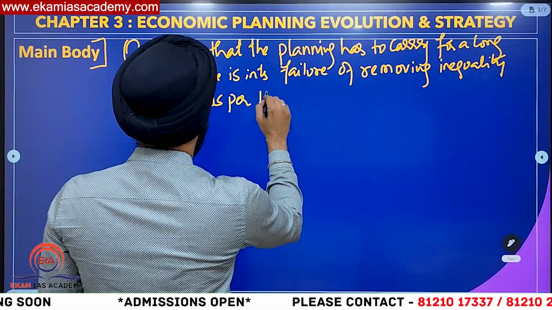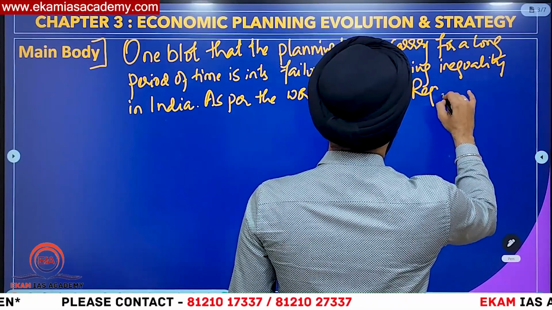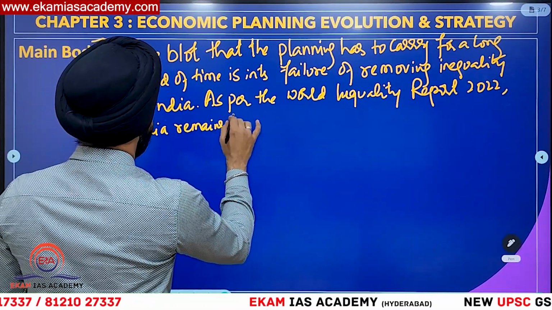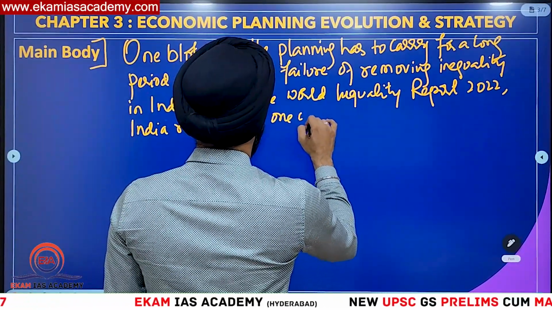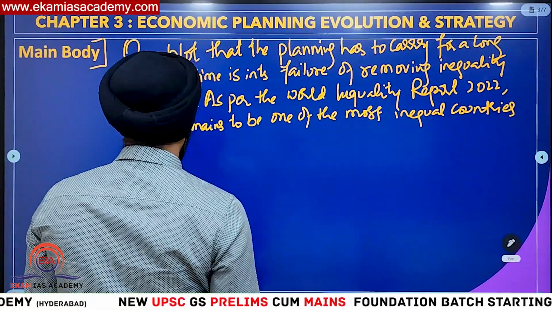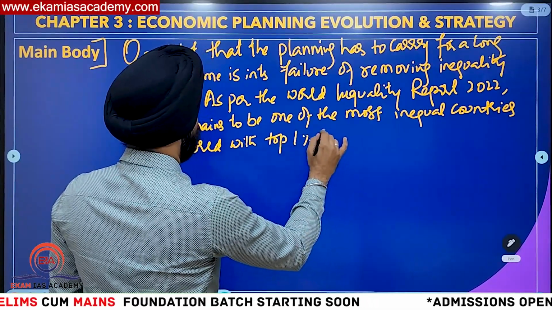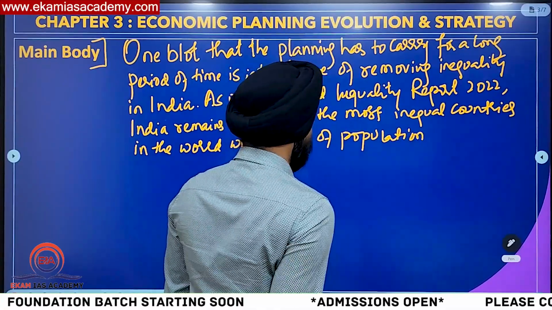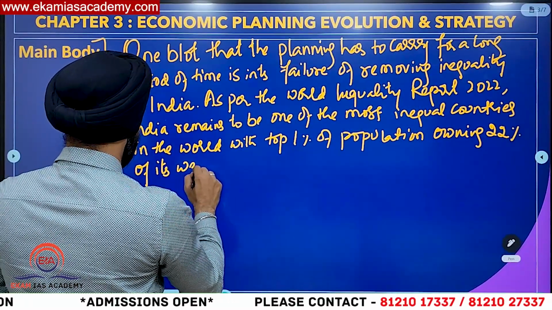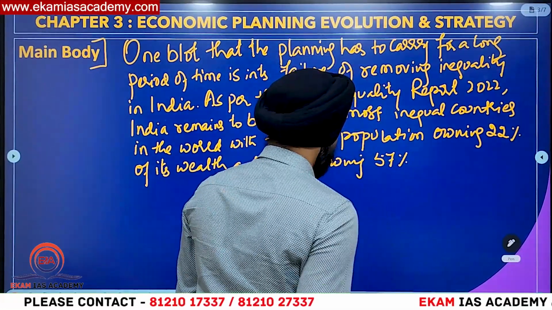As per the World Inequality Report 2022, India remains one of the most unequal countries in the world, with the top 1% of population owning 22% of its wealth and the top 10% owning 57% of it.